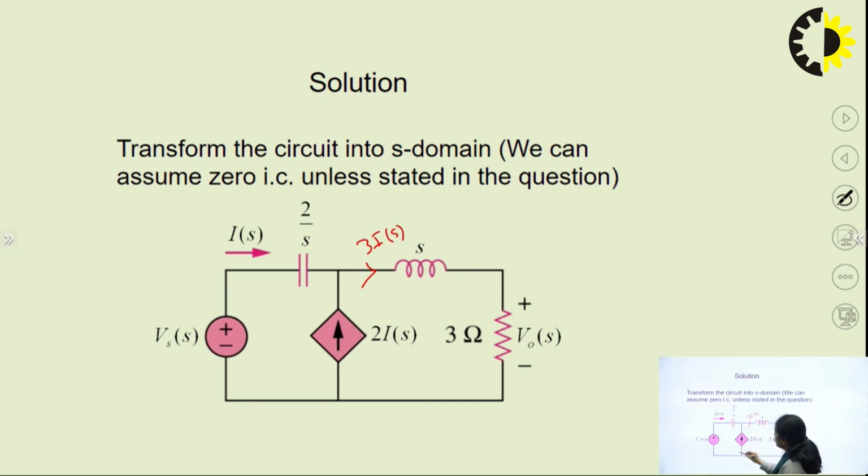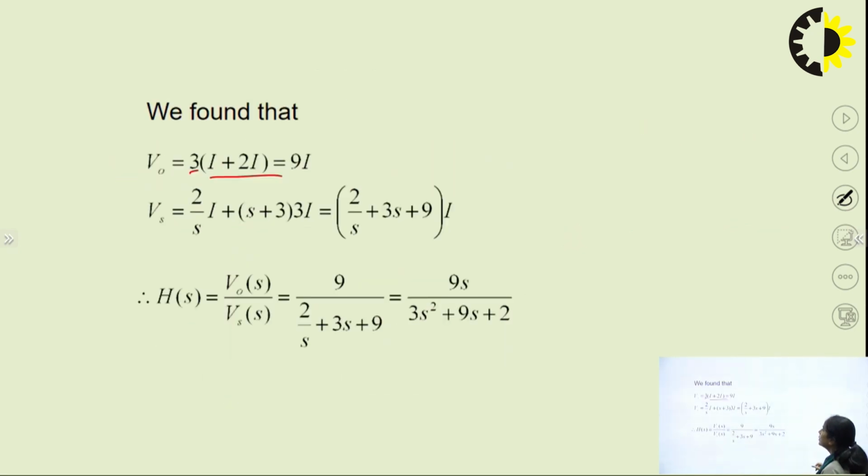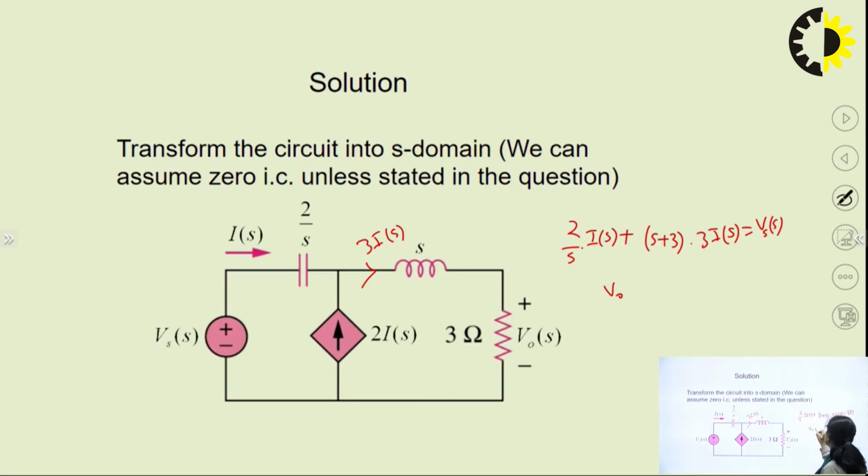If we write KVL in this outer loop, 2 by S into Is plus S plus 3, which is the total impedance in this branch, into 3Is equal to Vs. And the first equation that we had calculated here is that V naught is 9 into Is.